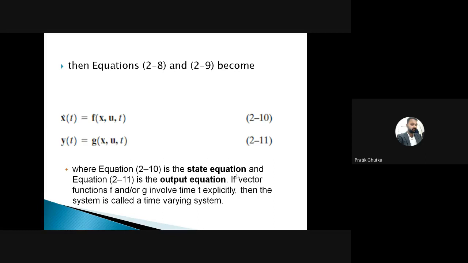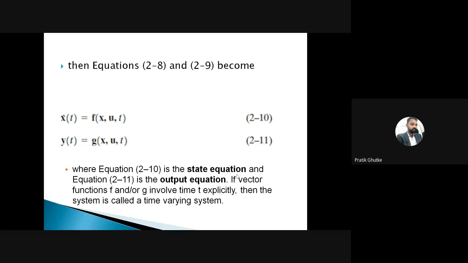So equations 2.8 and 2.9 become x dot of t equals a function f of x, u, and t, and y is the output equation, which can be written as g of x, u, and t, where equation 2.10 is the state equation and equation 2.11 is the output equation.